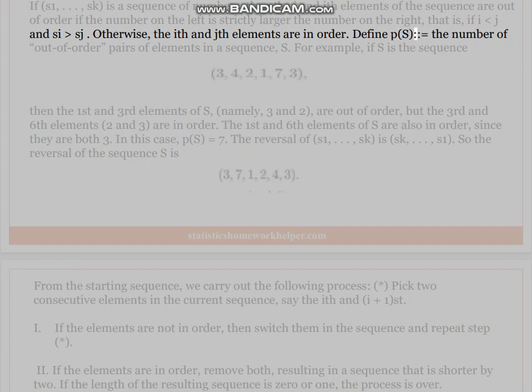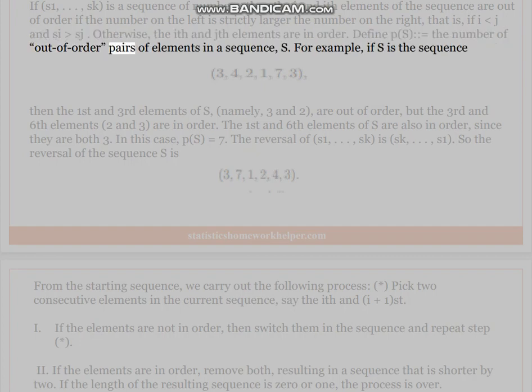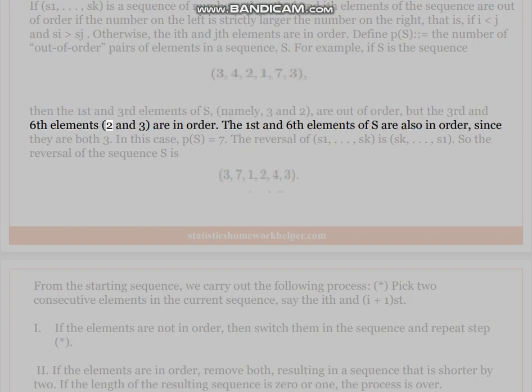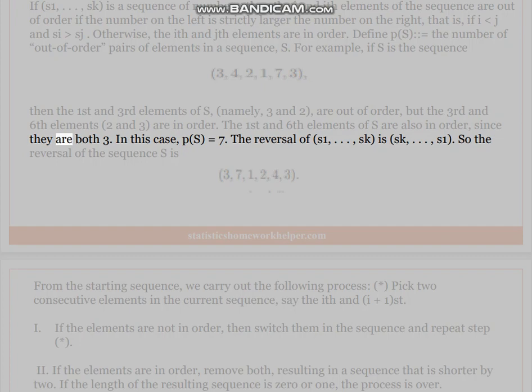Define P(S) to be the number of out-of-order pairs of elements in a sequence S. For example, if S is the sequence, then the first and third elements of S, namely 3 and 2, are out of order, but the third and sixth elements, 2 and 3, are in order. The first and sixth elements of S are also in order, since they are both 3. In this case, P(S) equals 7.